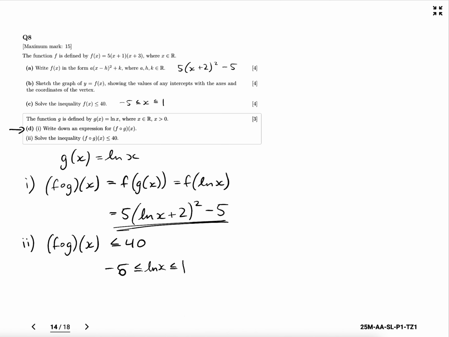So it means that ln x is going to be between -5 and 1, and if we do e to the power of each of these, we get e to the power of -5 is less than or equal to x, which is less than or equal to e to the power of 1, which is just e. So that's the solution.